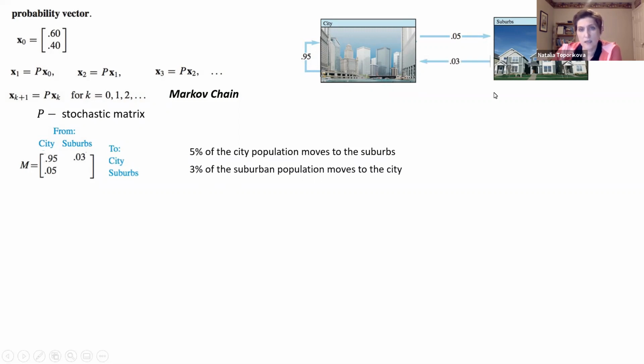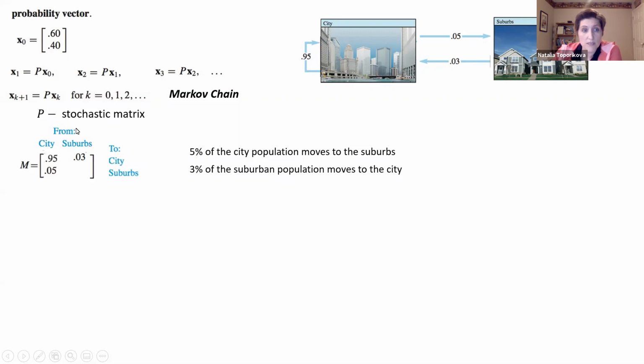Okay, so now let's look at movement in the opposite direction. Let's say the data tell us that 3% of the suburban population moves from the suburbs to the city. And again, we represent movement from suburbs by the second column. So we have to put our fraction 0.03 in the first entry of the second row.